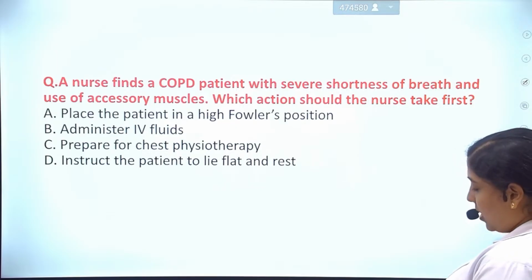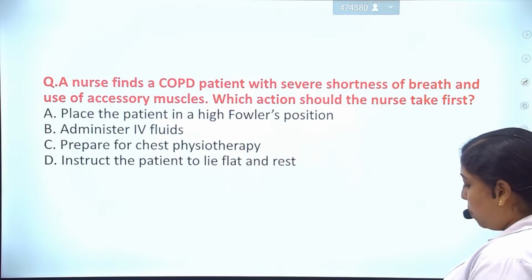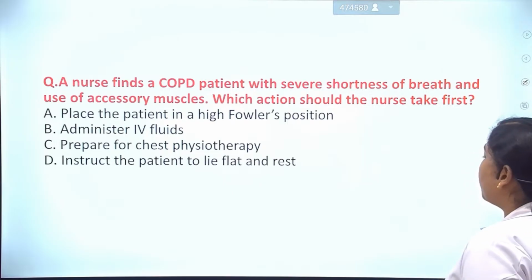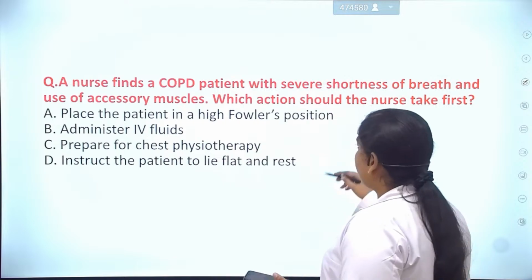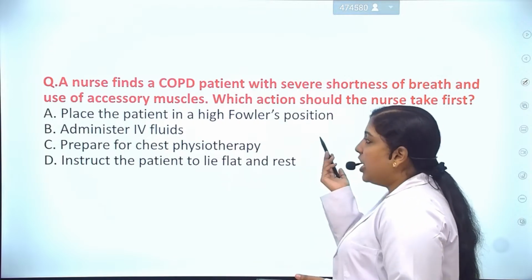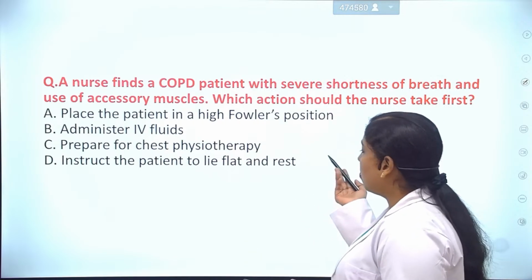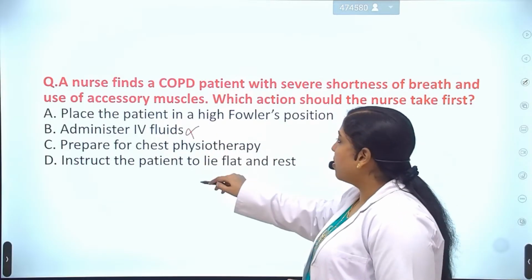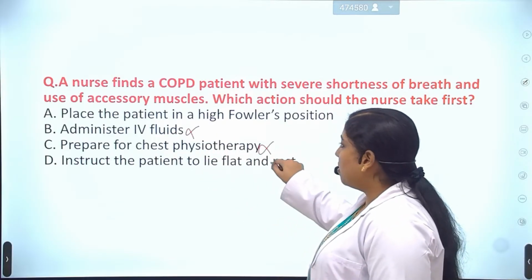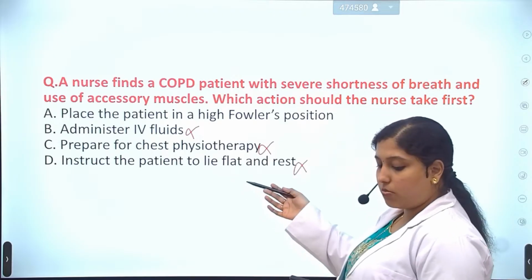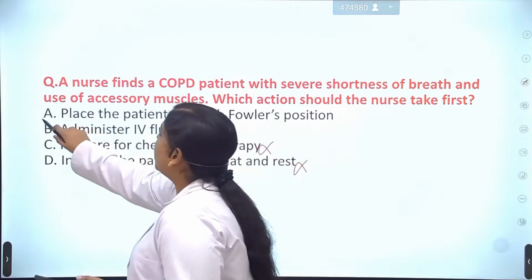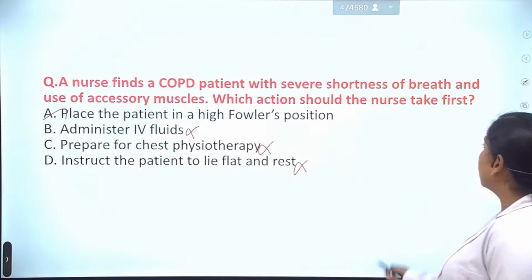Place the patient in high Fowler's position. Yes, it will help in increasing the lung expansion. Administer IV fluids. No, irrelevant. Prepare chest physiotherapy. Irrelevant. Instruct the patient to lie flat and rest. No, this is going to worsen the symptoms. The correct answer is place the patient in the high Fowler's position.